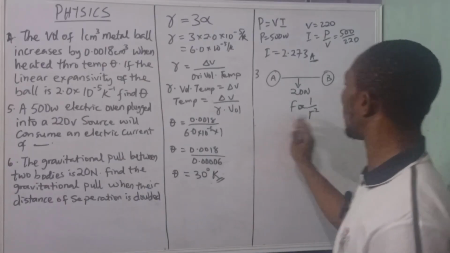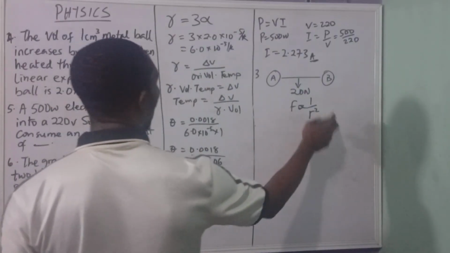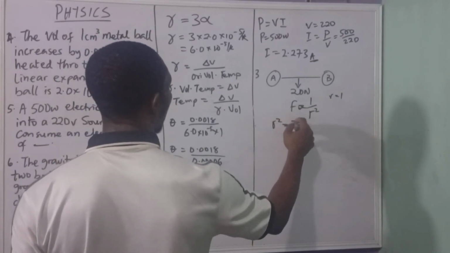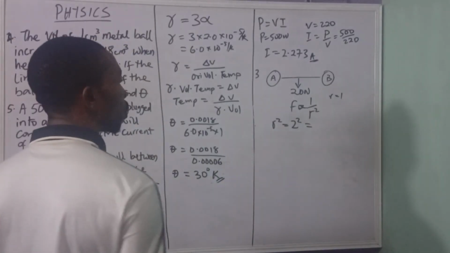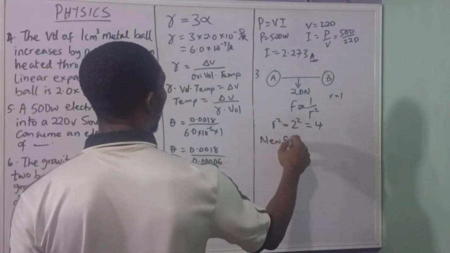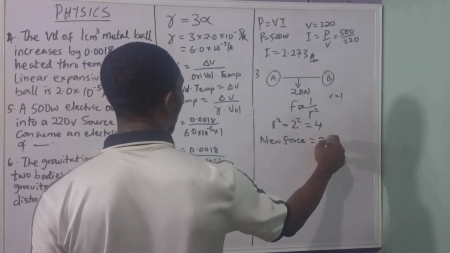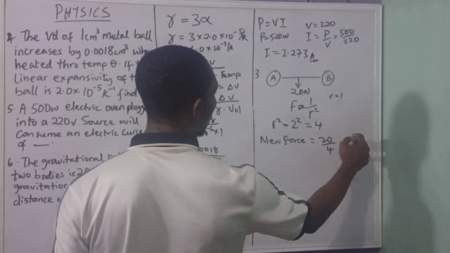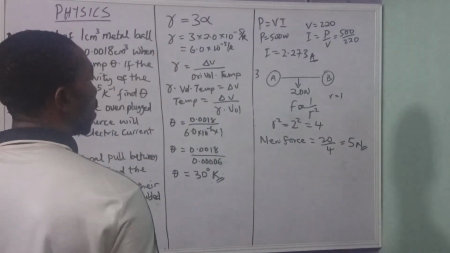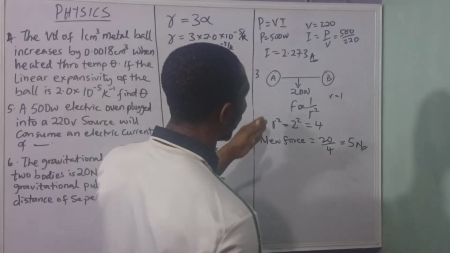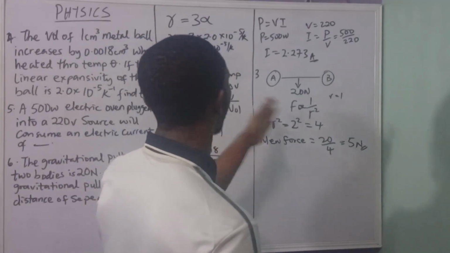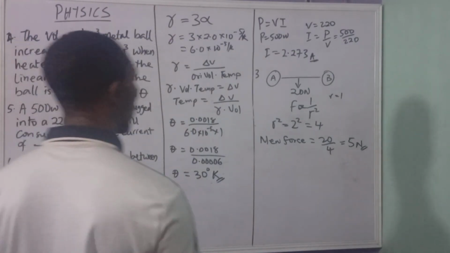So if r is doubled, assuming r equals 1, r squared will give us 2 squared, which is 4. So our new force will be 20 divided by 4, which gives us 5 newtons. So the gravitational pull between the two bodies when the distance is doubled would be 5 newtons.